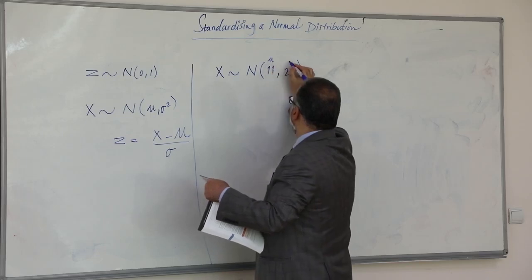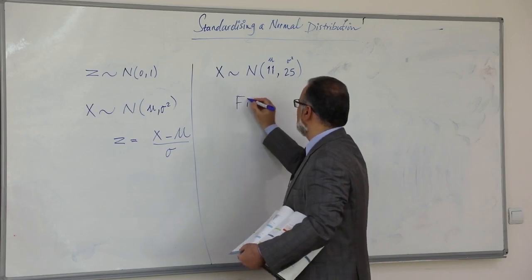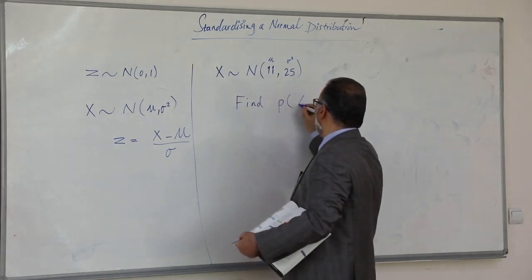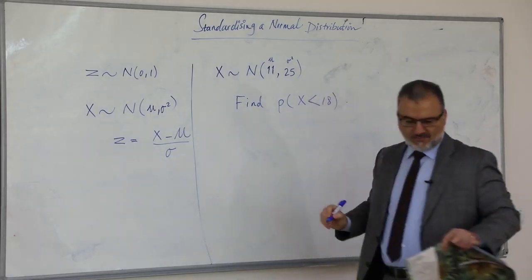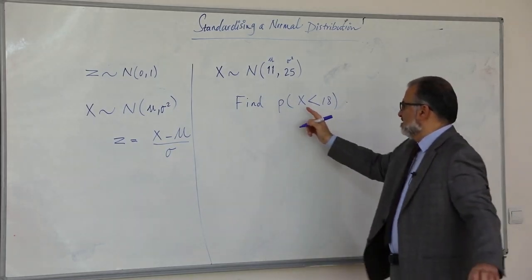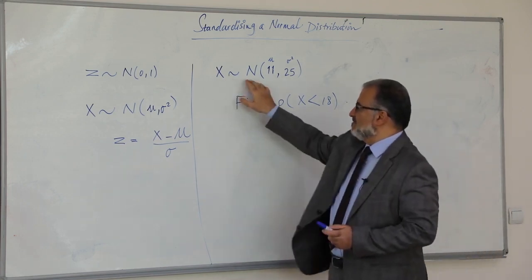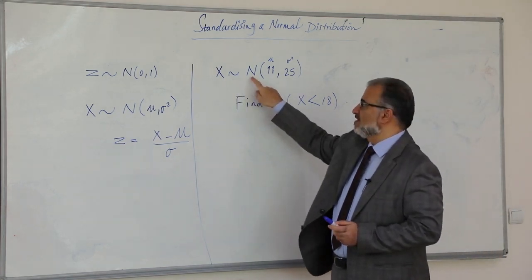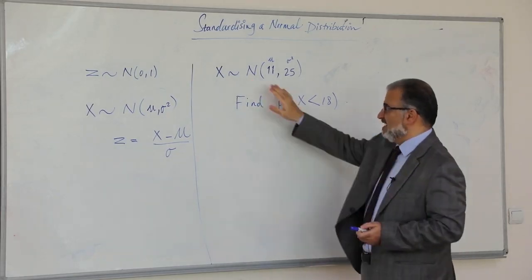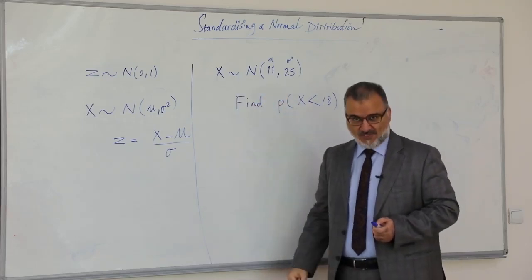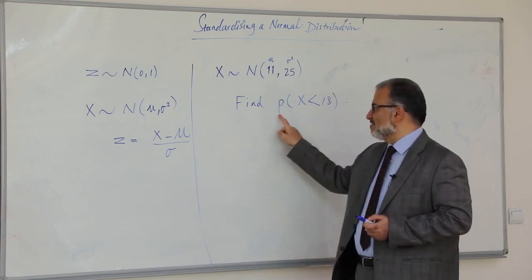My question is, find the probability that x is less than 18. Since normal distribution deals with the continuous random variable, but this one is not standard, we have to go through the standardization process in order to find the value of that probability.